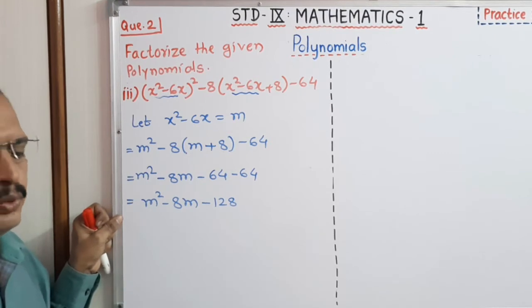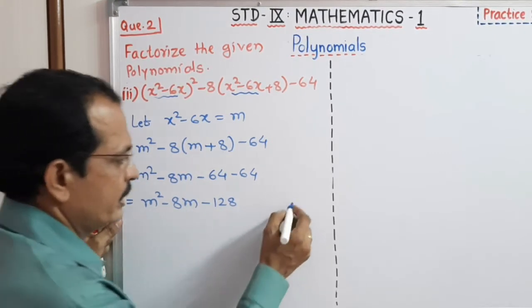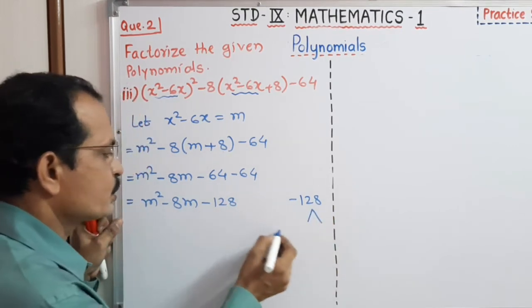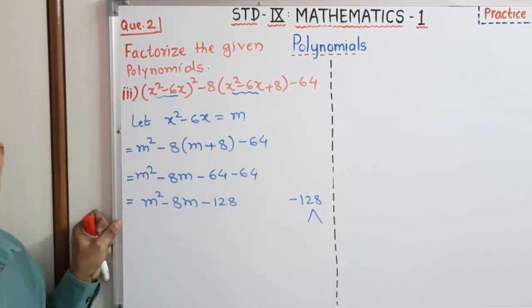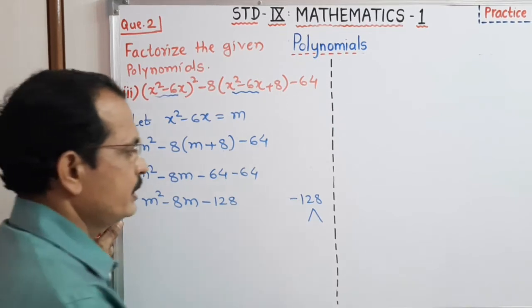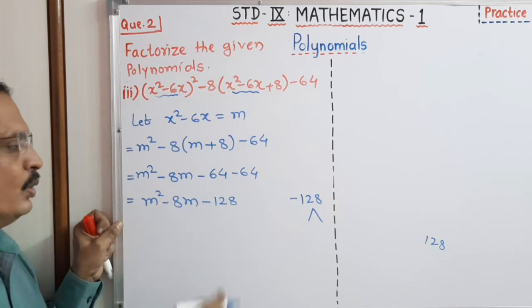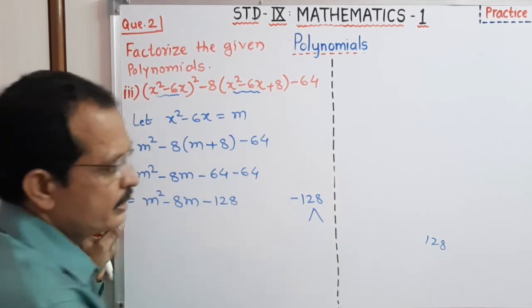Now we have to factorize this: 128, minus 128, whose subtraction should be 8. If we have to factorize 128 whose subtraction should be 8, then see here.